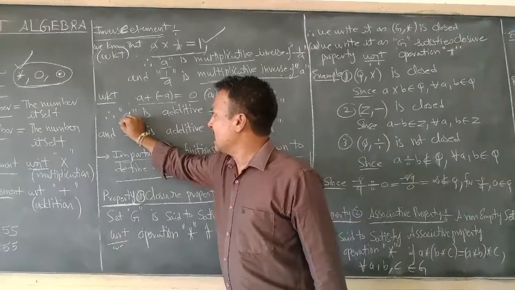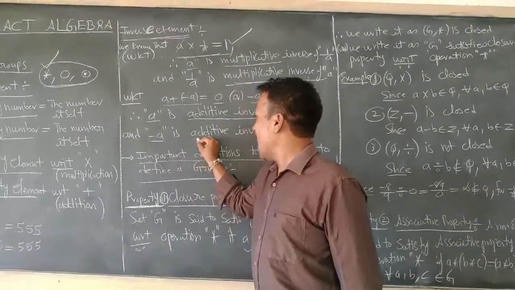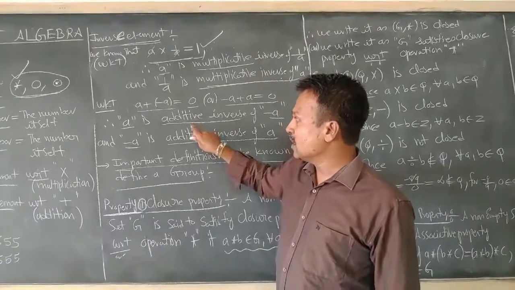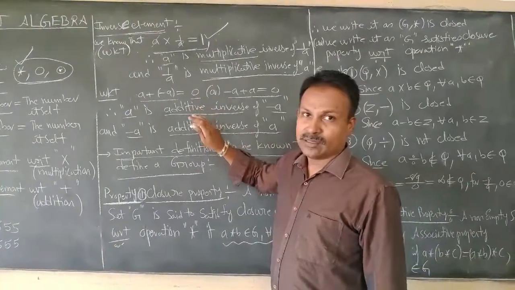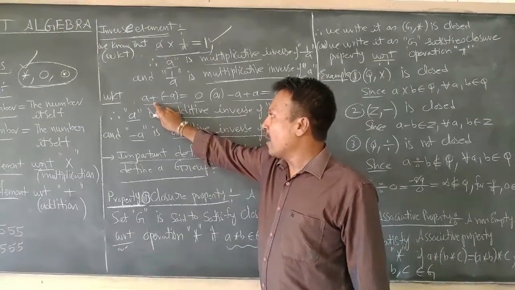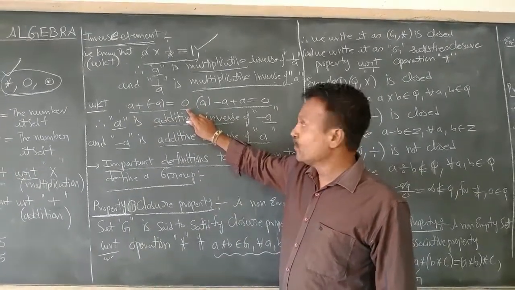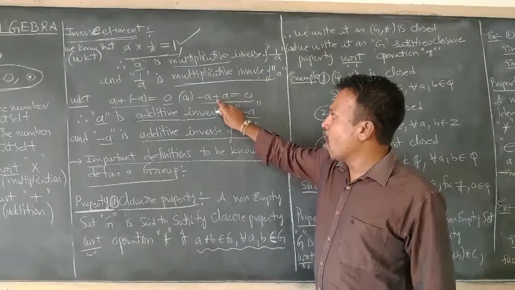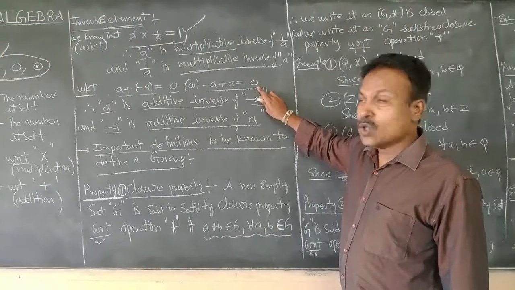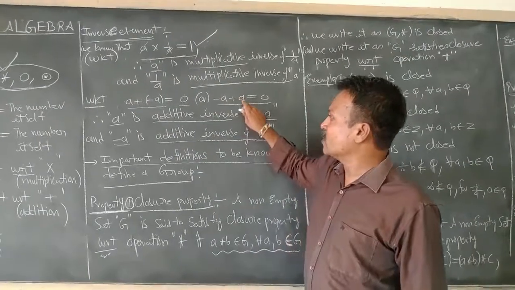Therefore, we can read it as a is the additive inverse of −a and −a is the additive inverse of a. Why? Because a and −a when operated with plus, the resultant value is the identity element 0, and −a and a when operated with plus, the resultant value is the identity element 0.